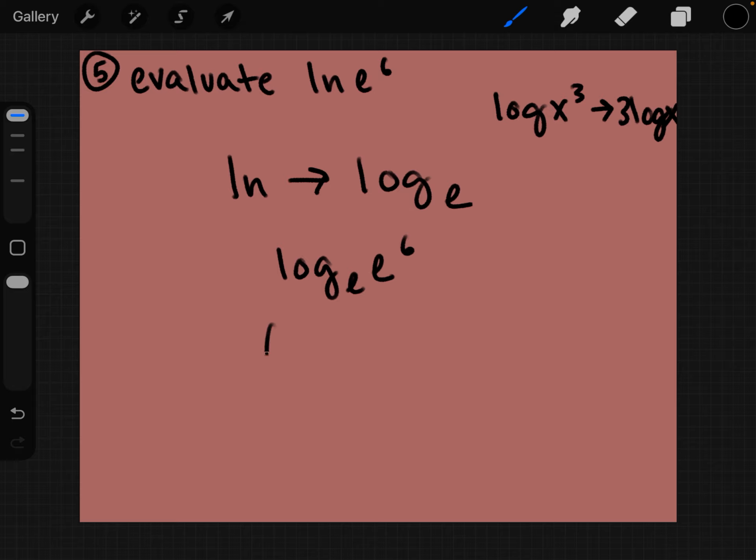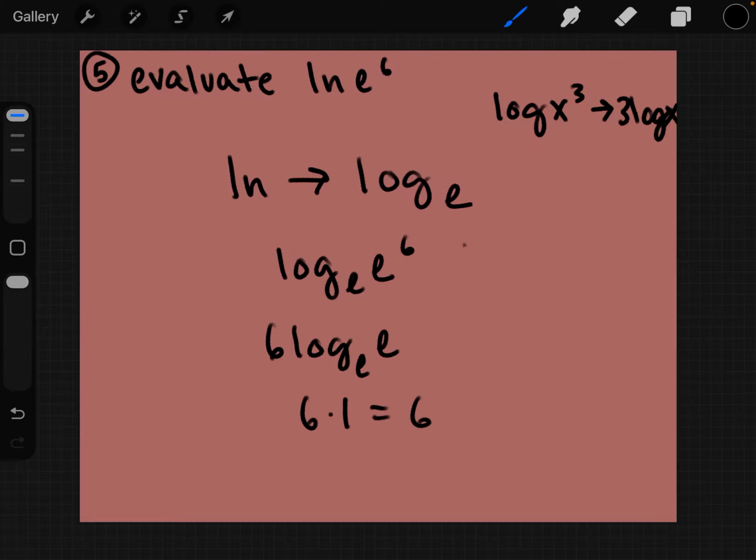So let's rewrite this again. Anything where the base is the same as the exponent's base is literally just equal to 1. So this technically turns into 6 times 1, so the answer is 6.